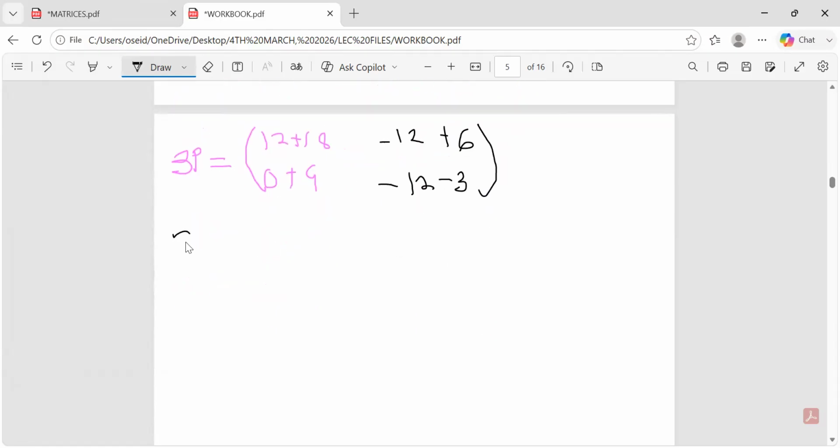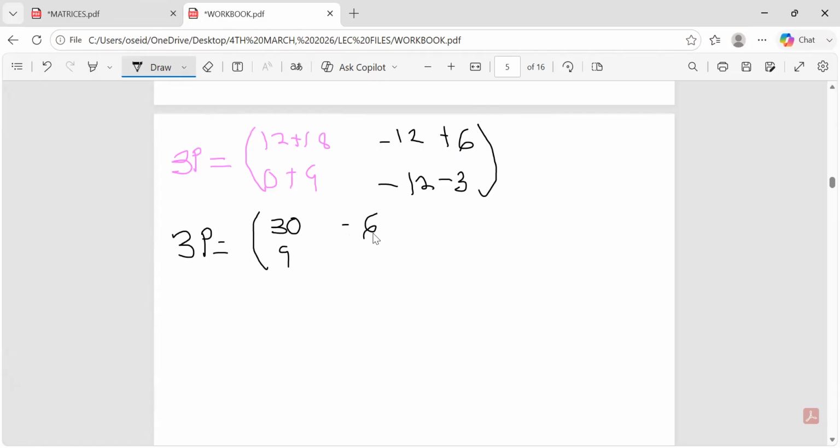So 3p will be equal to 12 plus 18 will give us 30. Then 0 plus 9 will give us 9. Then we are going to get -6, because -12 plus 6 will give us -6.